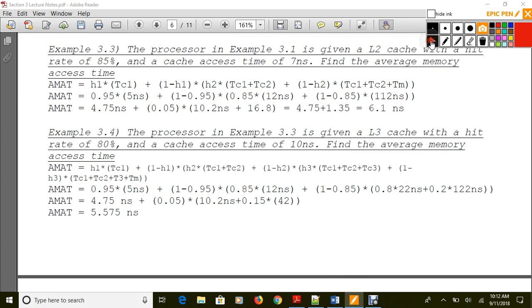Okay, does anybody have any questions on this before I move on? Yes? Isn't there a parenthesis here? Should be, yeah. And then inside that little parenthesis, you have 0.8 times 22 nanoseconds.